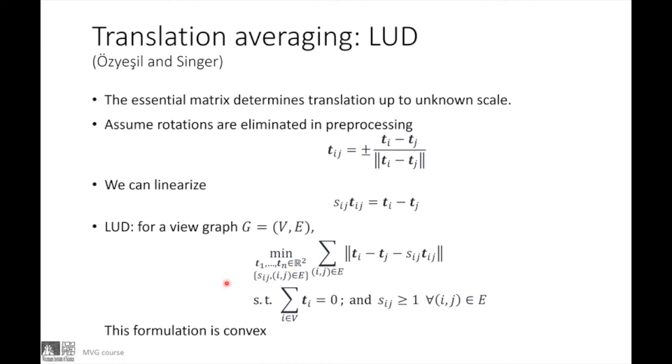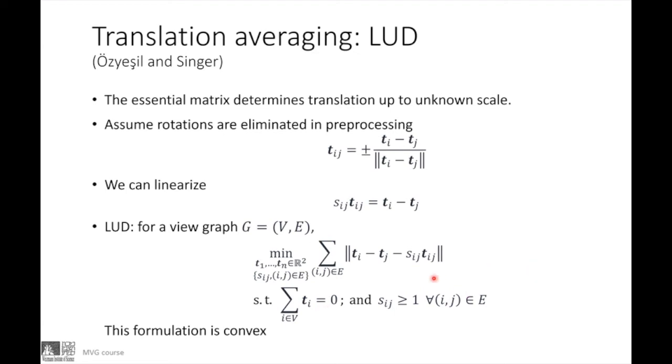This is very similar to what we did with rotation, except that now the translations should sum up to 0 if you go around a graph. That will be the cycle consistency of the graph. Now we want to add constraints here. One constraint is that the sum of Ti equals 0. This is like a global shift of the positions. We can choose arbitrarily what will be the centroid.